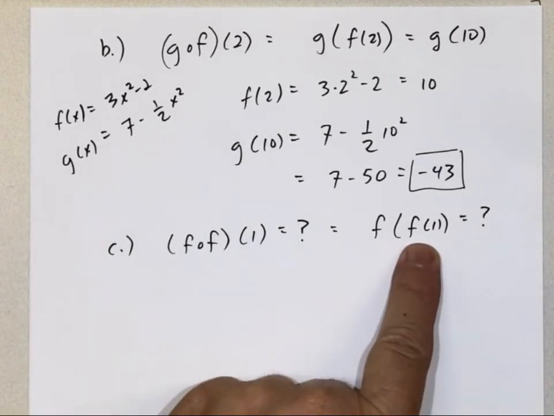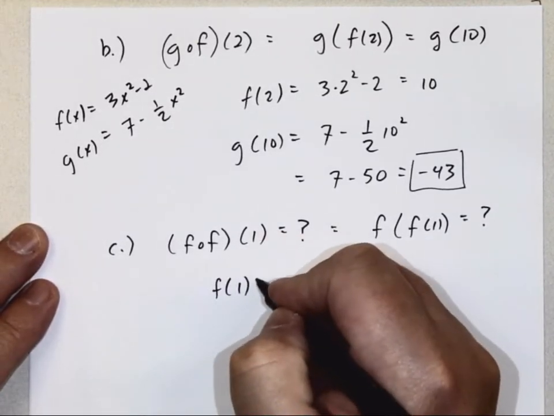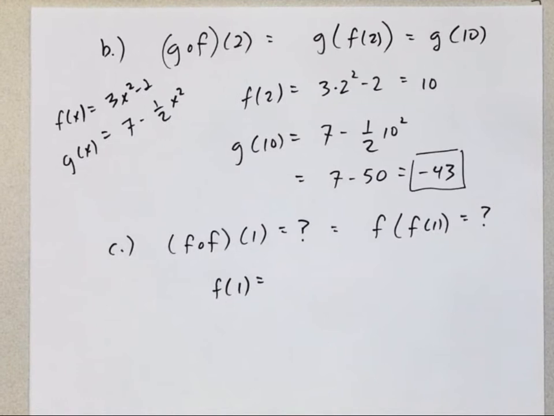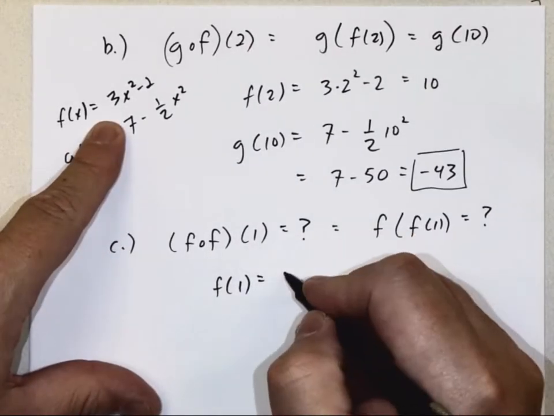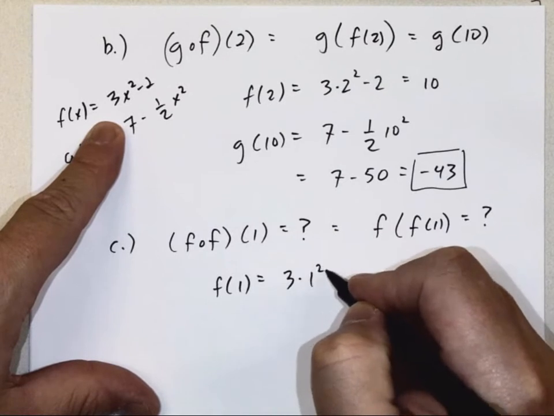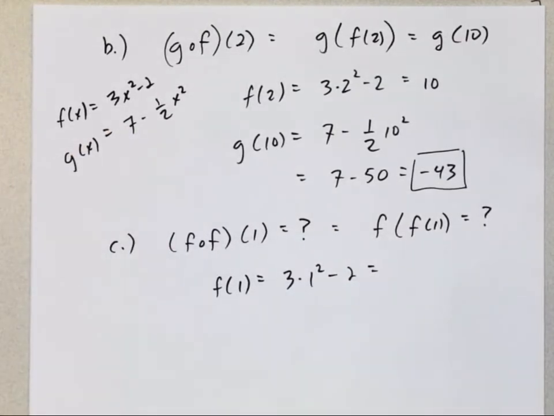So first thing is, let's go figure out f of 1. So f of 1 means you go to the f function. Every place you have an x, you put a 1 in there. So it'll be 3 times 1 squared minus 2. So it's going to be 1.